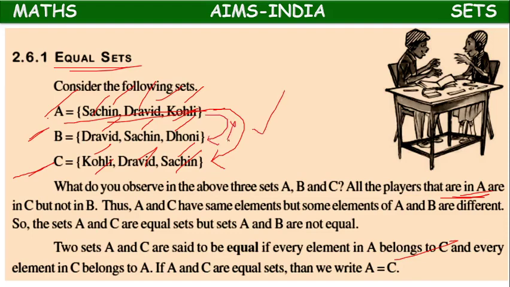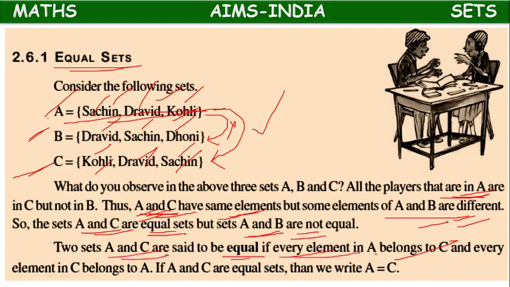So A and C here have the same elements, but A and B have different elements. So A and C are called equal sets, and A and B are not equal sets. A and C are said to be equal if every element of A belongs to C, and every element of C belongs to A. So then they are called equal sets.